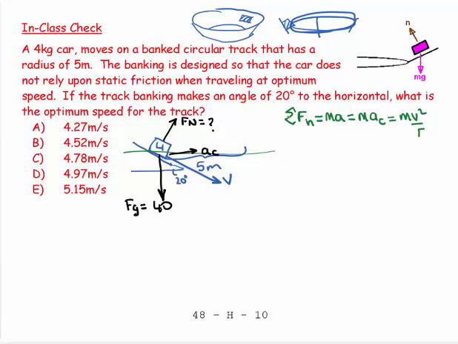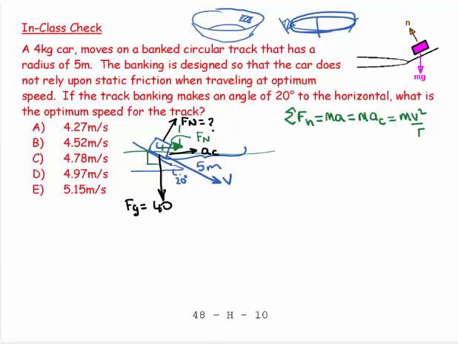This weight is 90 degrees to the direction of the acceleration. It's the direction of my axis that I'm looking at, so it has no component. And so again, I'm looking at the component, this time the component of the normal force, and this component is Fn.